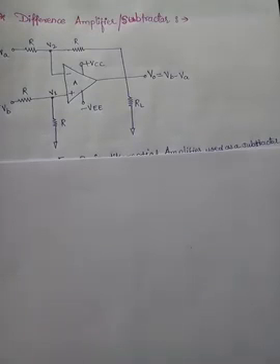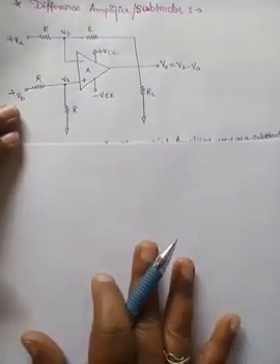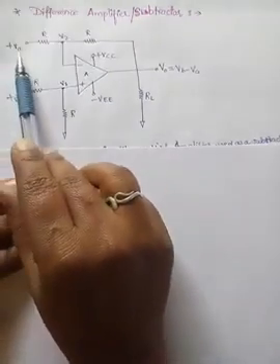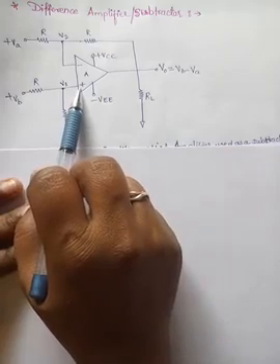In the circuit diagram we can see that there are two input signals we have provided to the inputs. The inverting input terminal will have input signal VA and VB is the input to the non-inverting input terminal.